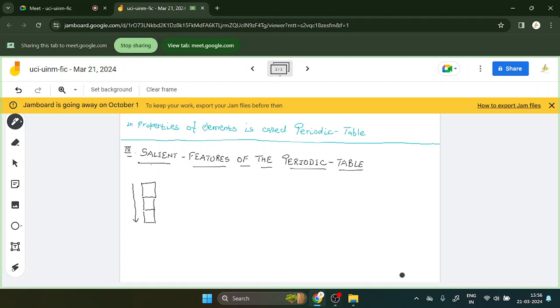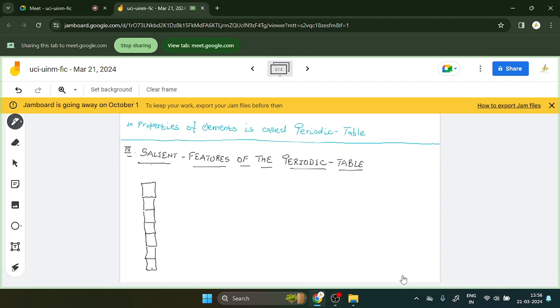Then we will have potassium, rubidium, cesium, and then francium.